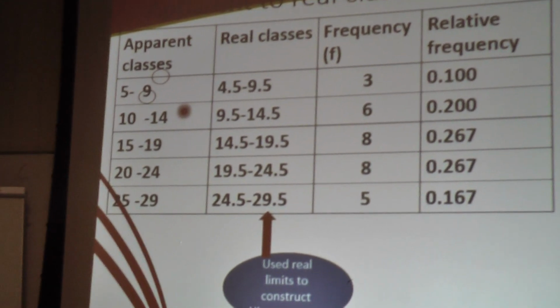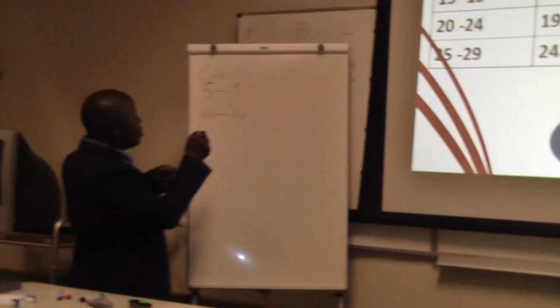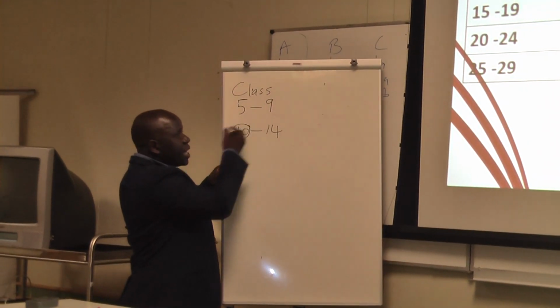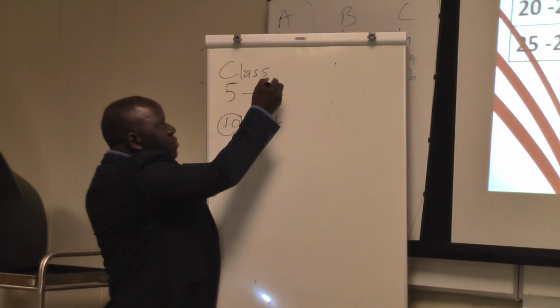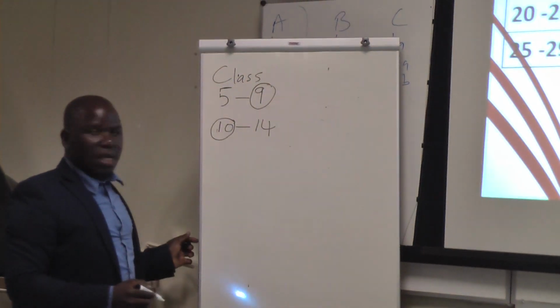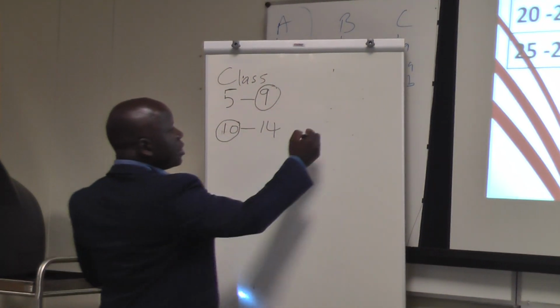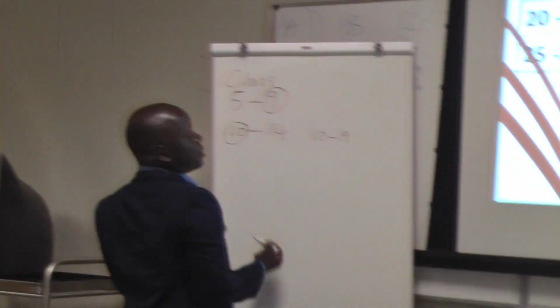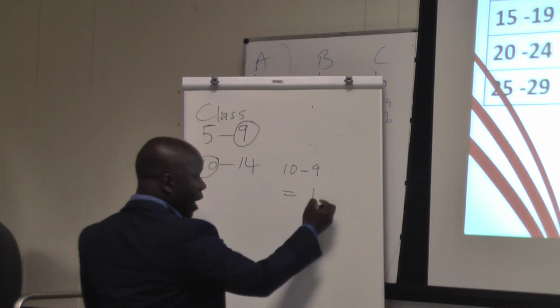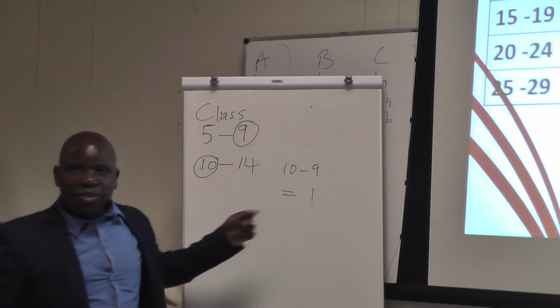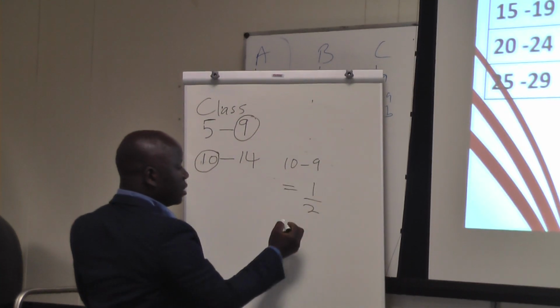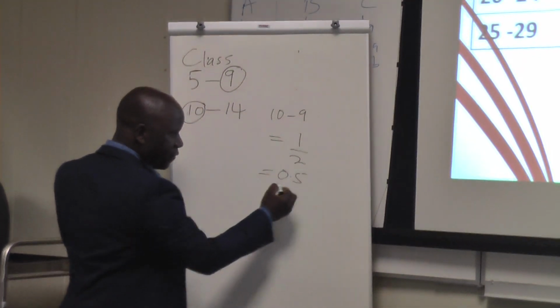You just look at the lower limit of the next class and the upper limit of the previous class. So you subtract these two, that will be 10 minus 9. 10 minus 9 will give you 1. You divide this 1 by 2 to give you 0.5.